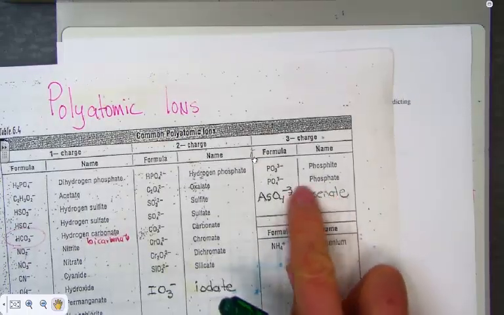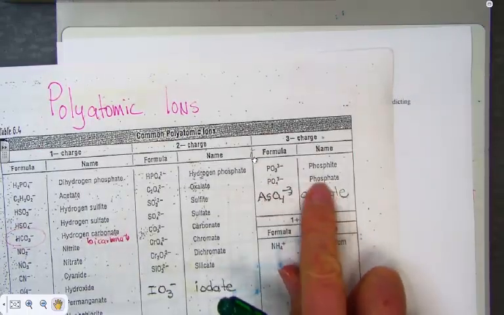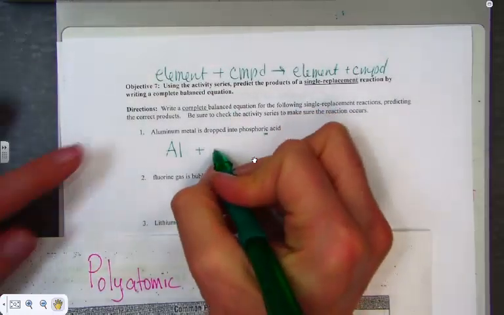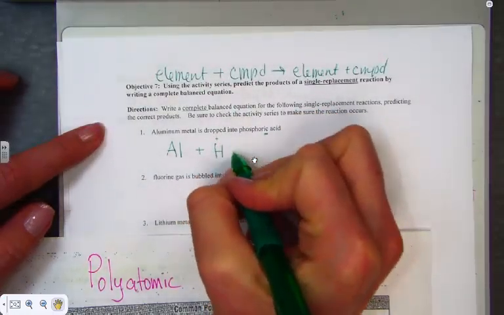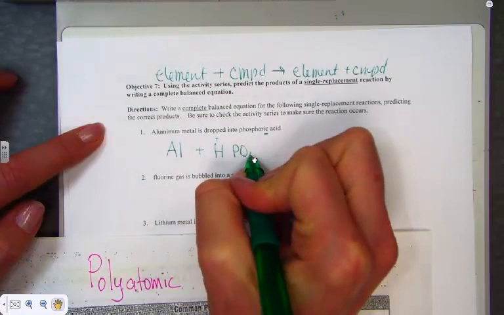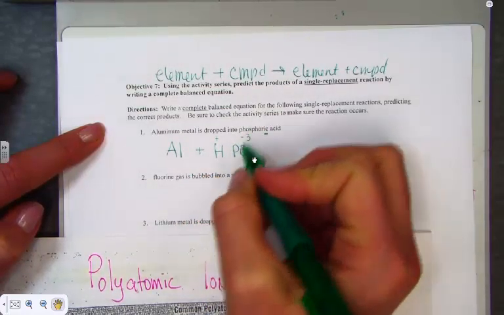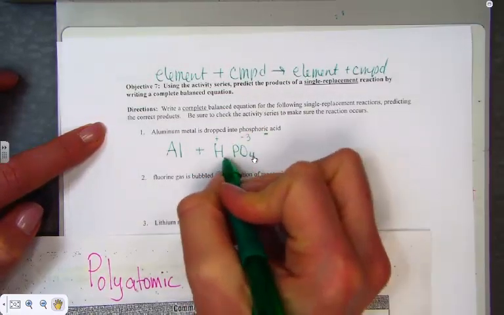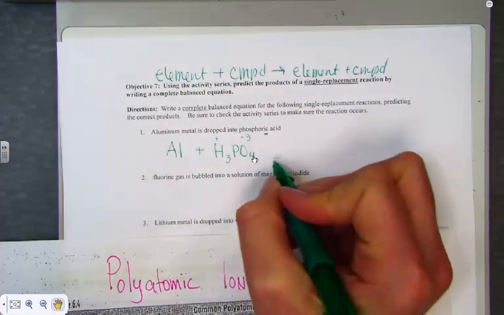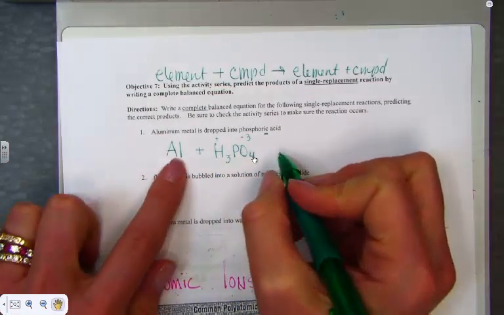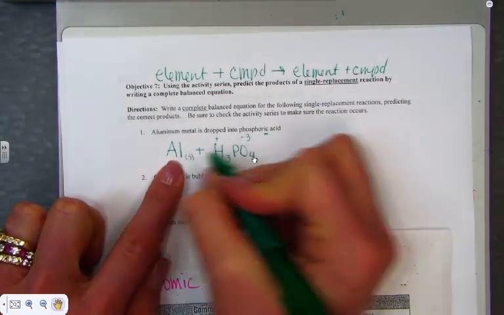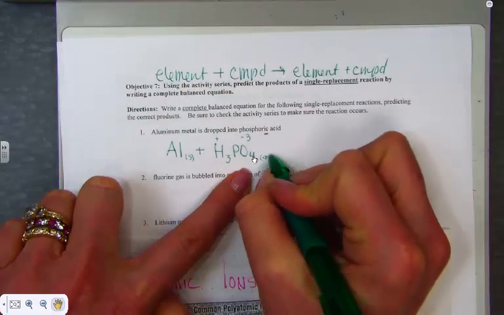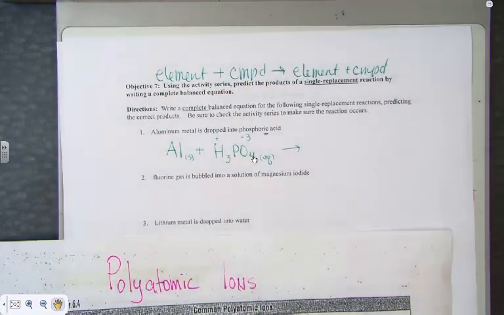Ic came from the polyatomic ion phosphate. Acids, we know, always start with the hydrogen. We heard phosphoric acid, H3PO4. Elemental aluminum being dropped into phosphoric acid.